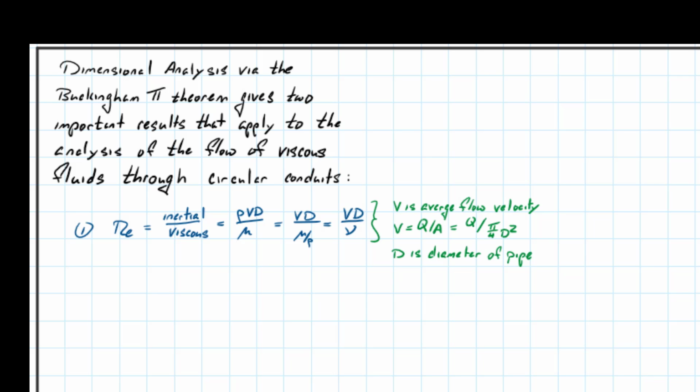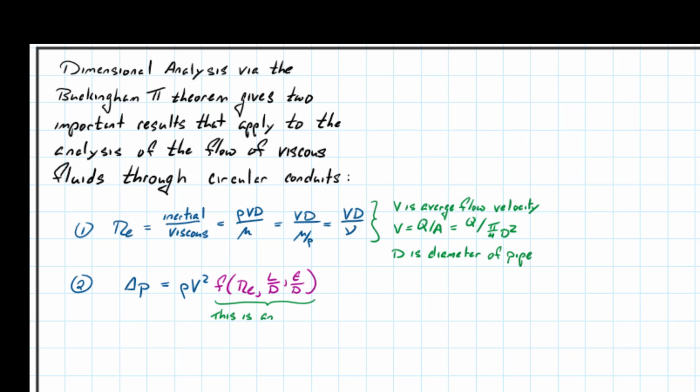The second term that we get, and it's from example 8.4 in the text, is this relationship between the change in pressure, or the pressure drop in the pipe, and we say that that's going to be equal to the density times the velocity squared and some unspecified function of three dimensionless parameters.